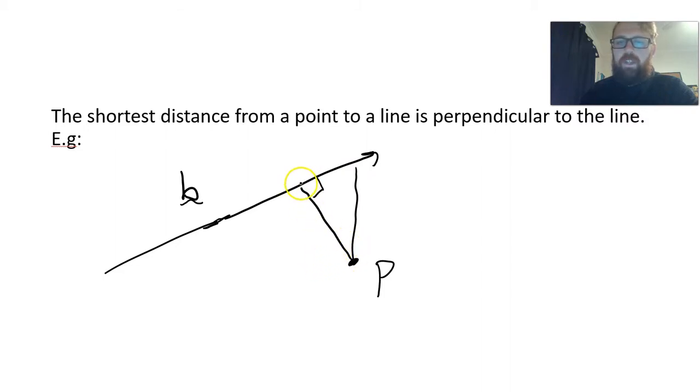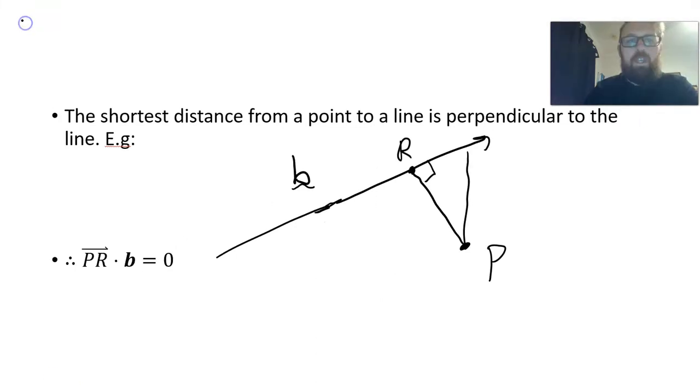I'm going to do one more thing, and I'm going to label this point R. This actually allows us a really interesting little fact. Because the perpendicular line is the closest, we know that the dot product of two vectors that are perpendicular equals 0.